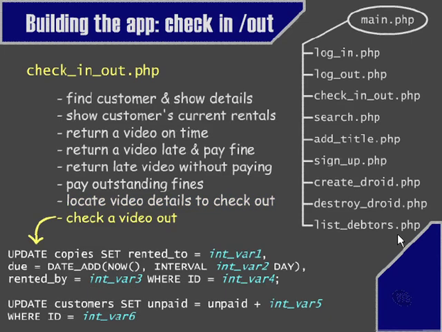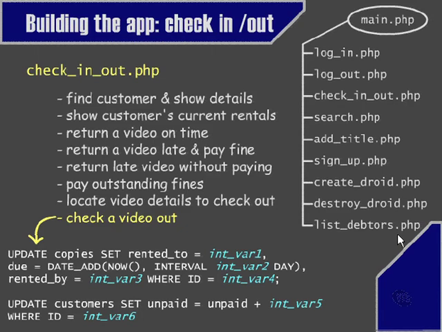Finally, to check a video out, again this is a two-step process. We set up on the copies table the customer who has just rented the video, and for the due date we set that using the date add function. We use the now function to get the current date, and then we add an interval of a certain number of days.